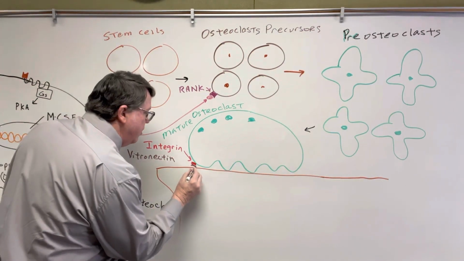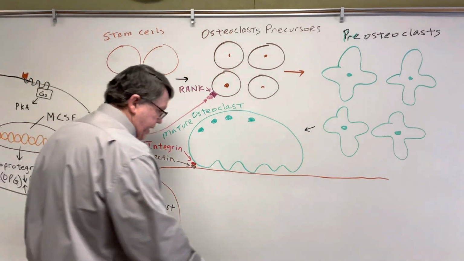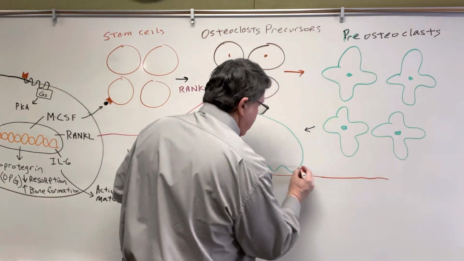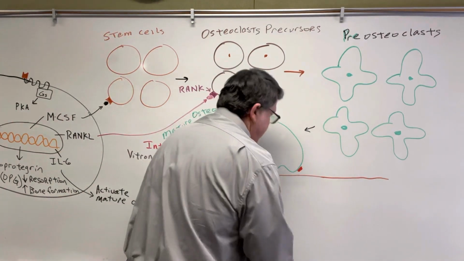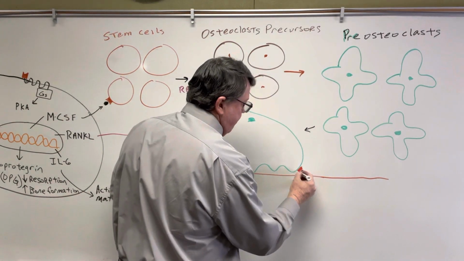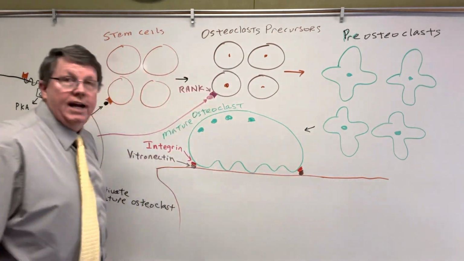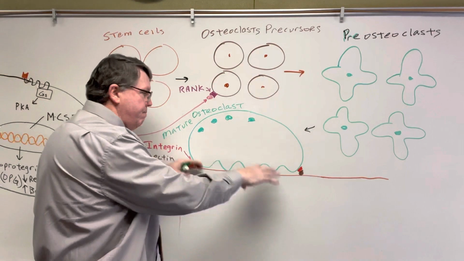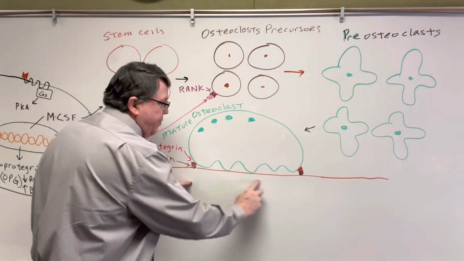So this is my vitronectin there. And then they're going to bind to each other. Let me just draw it over here real quick too. So we'll go like this. This is my integrin. This is my vitronectin right there. Okay, and now that osteoclast has basically formed a connection with the bone.